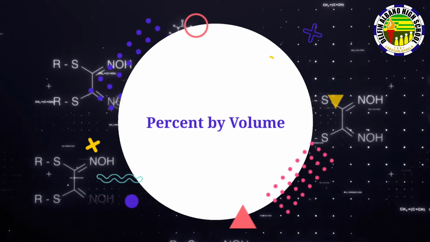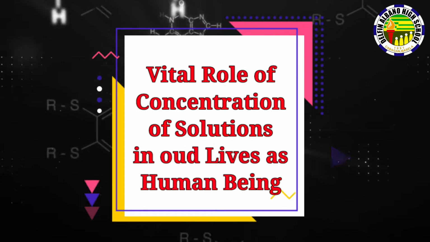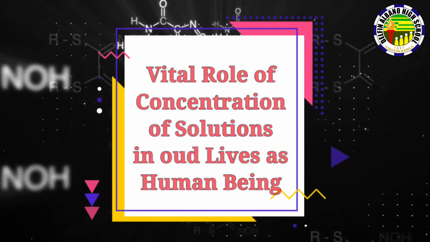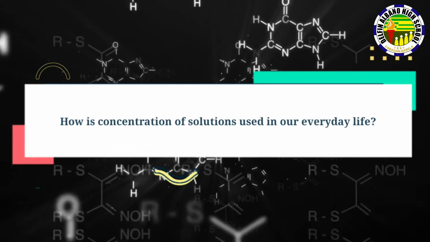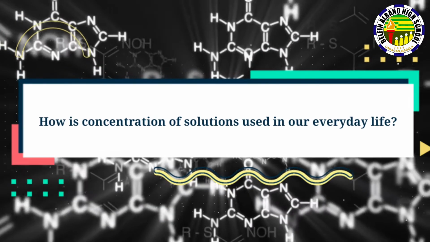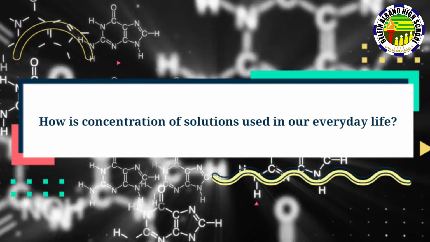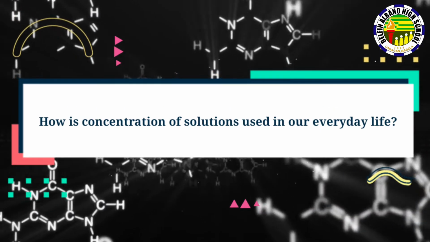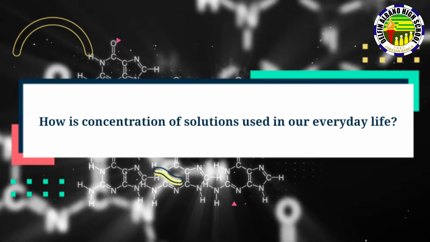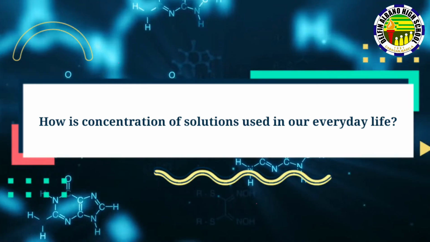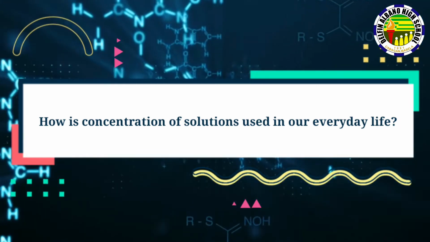Now, let's discuss the vital role of concentration of solutions in our lives as human beings. First, how is concentration of solutions used in our everyday life? For example, you may add salt to water when cooking pasta. The salt dissolves in the water, resulting in a solution.